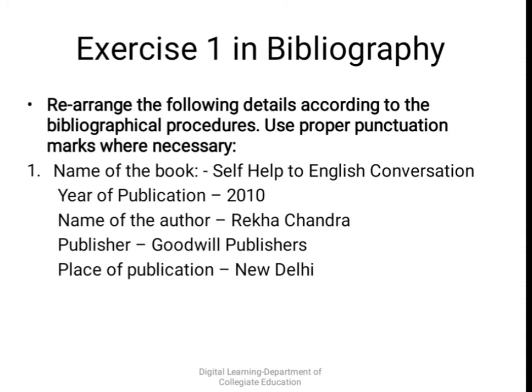Year of publication 2010. Name of the author, Rekha Chandra. Publisher, Goodwill Publishers. Place of publication, New Delhi. So I hope you understand that in every correct bibliography, it is the author's name first with surname first, then the title, place of publication, publisher, and then year of publication.